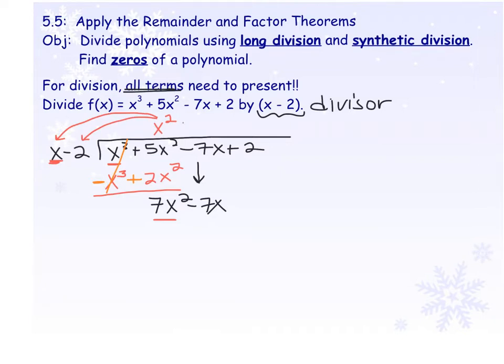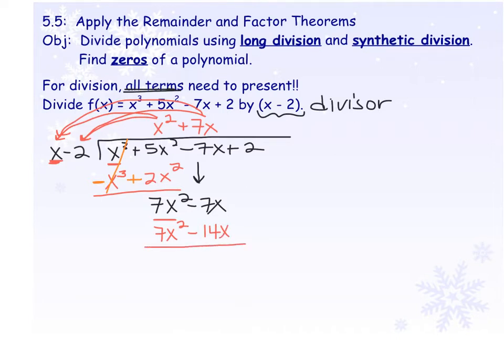Well, we'd have to multiply by 7x. I'll take both of those parts in that term and distribute it to both parts in the divisor. 7x times plain x is 7x squared again. You always want that first term to be an exact match. 7x times negative 2 becomes minus 14x, and draw your line.